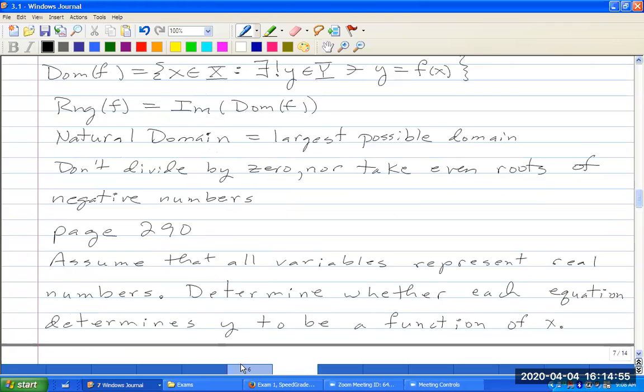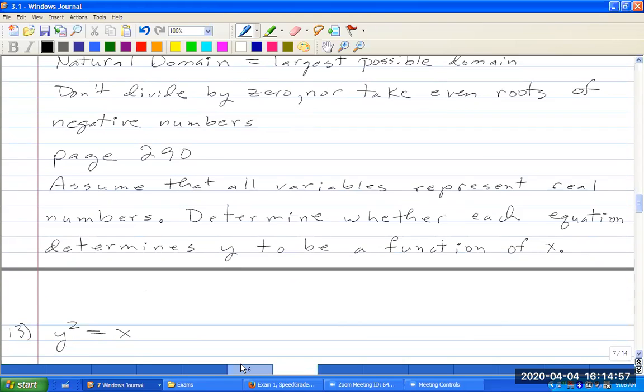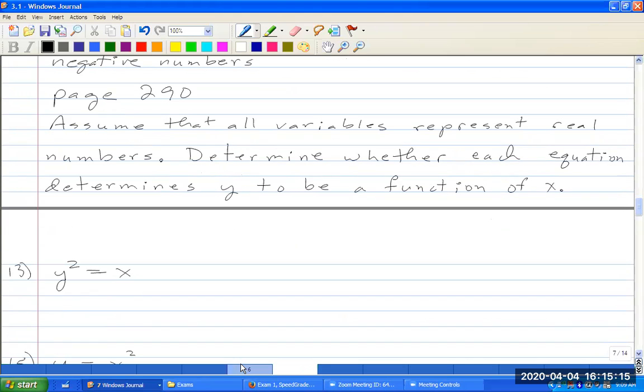So let me do, on page 290, problem number 13. Assume that all variables represent real numbers. Determine whether each equation determines y to be a function of x. And so in this case, is y squared equaling x a function?